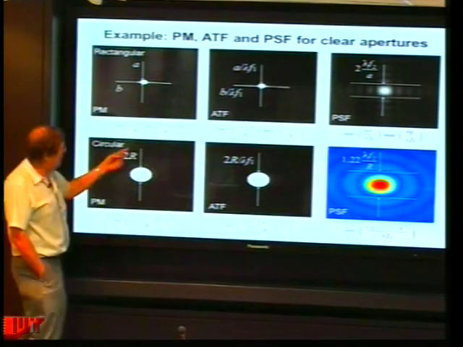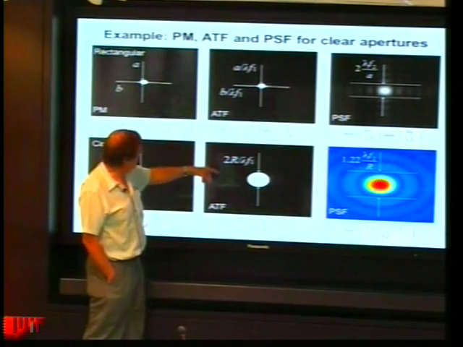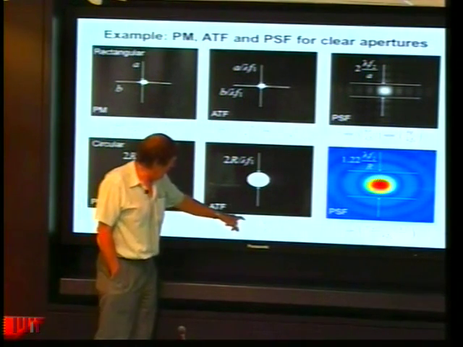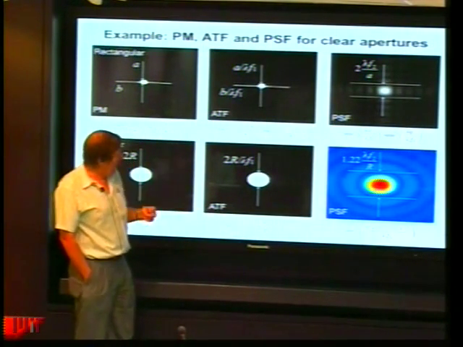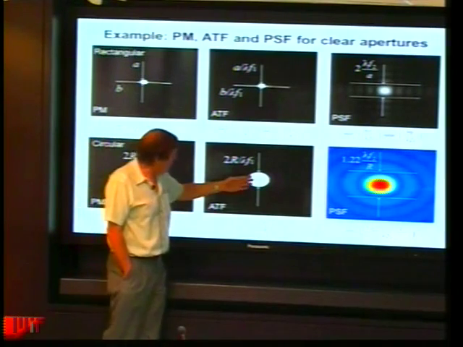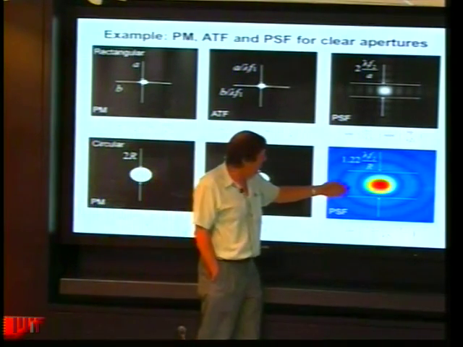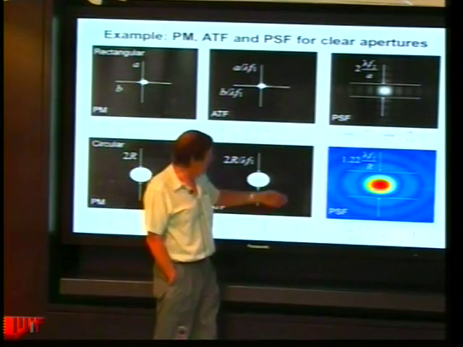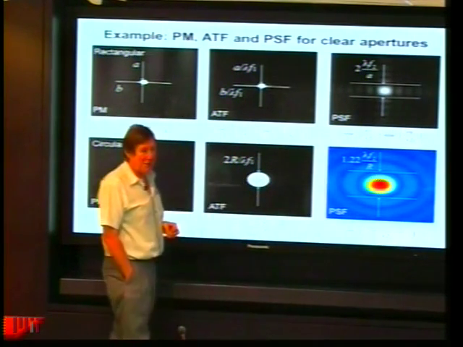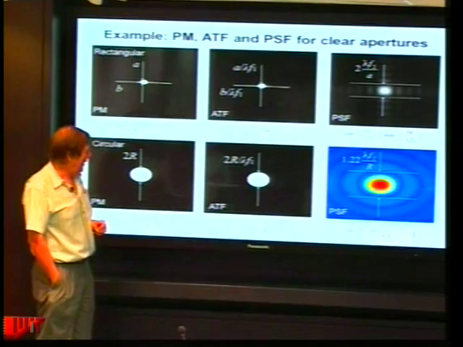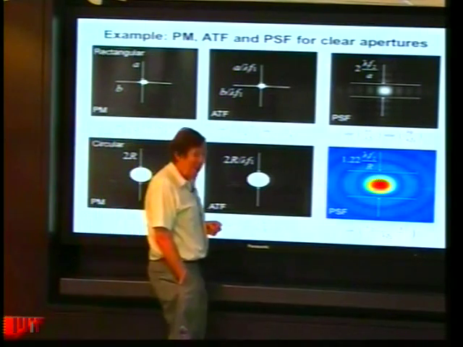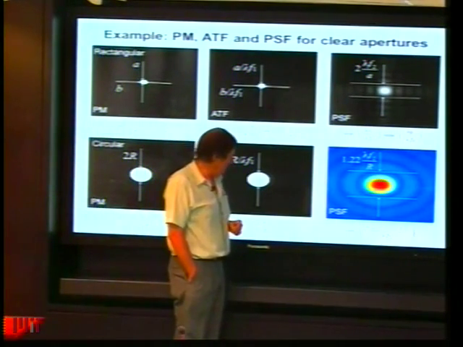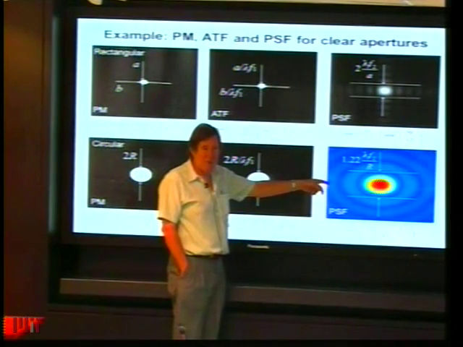Just like before, we have to scale this with these lambda f1s, and then the Fourier transform of this will give the point spread function, and this one has now gone into glorious Technicolor. So this is what we call the Airy disk. The equation for this is given in terms of Bessel functions.